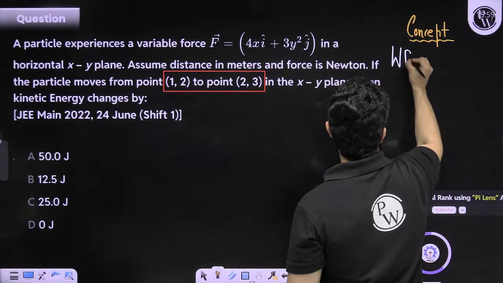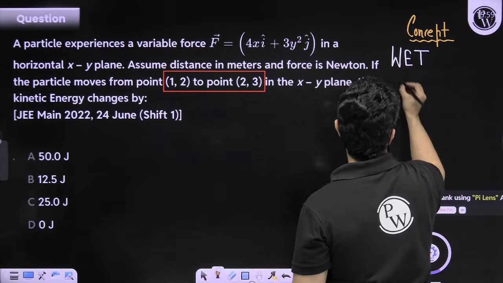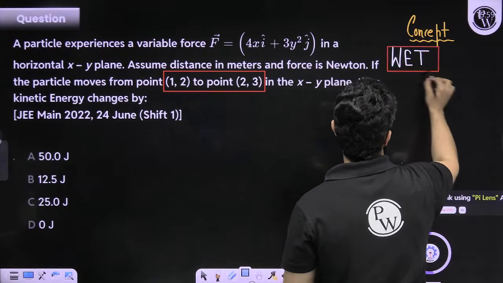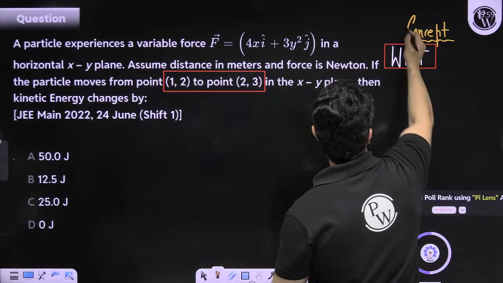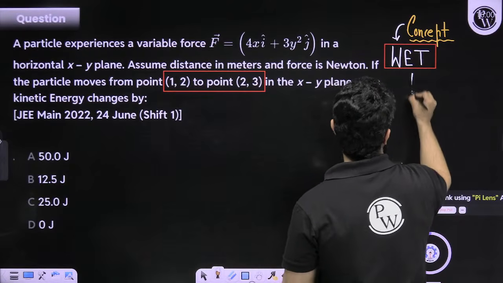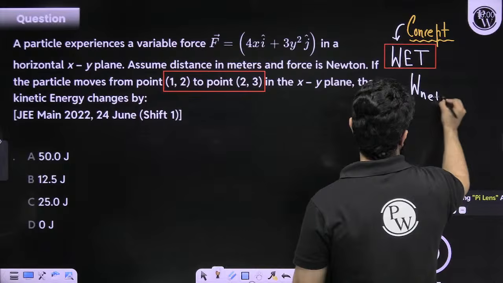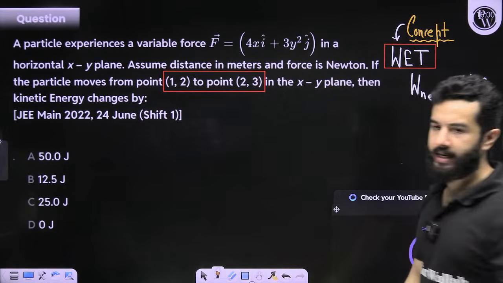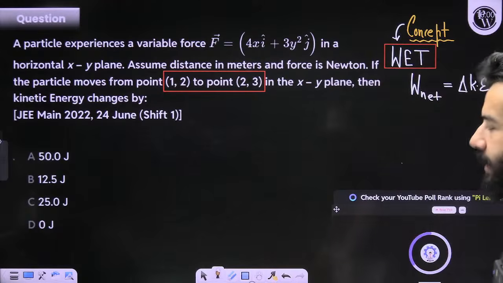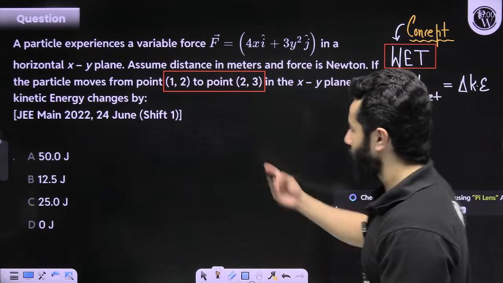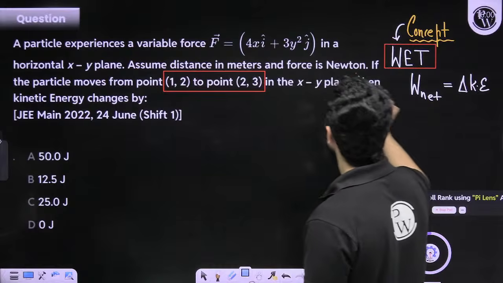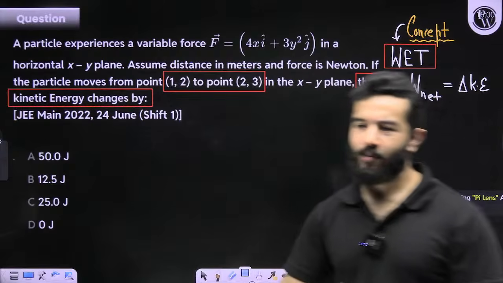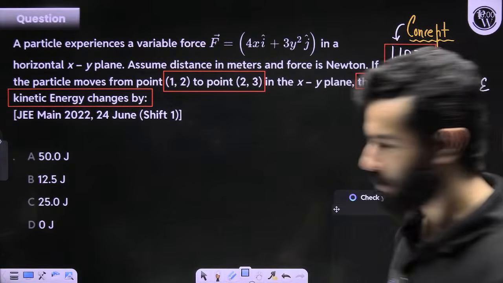Work energy theorem says that work done by net force is equals to change in kinetic energy, right? So they are talking about change in kinetic energy. So let's find out the net work done. Got it? Because change in kinetic energy is equals to net work done.